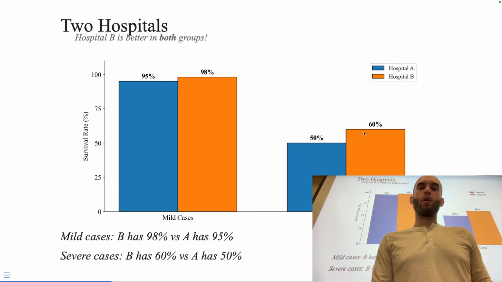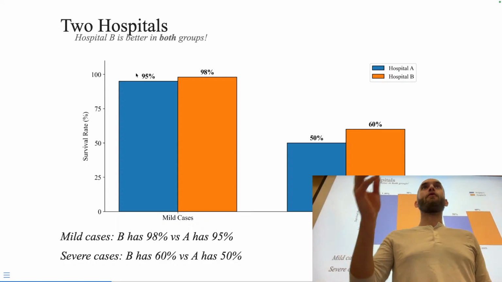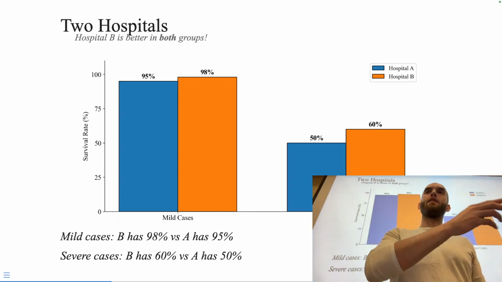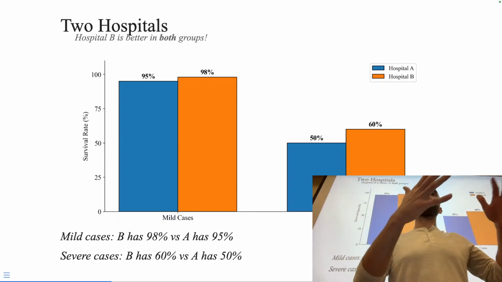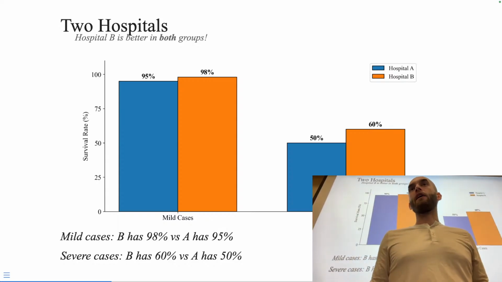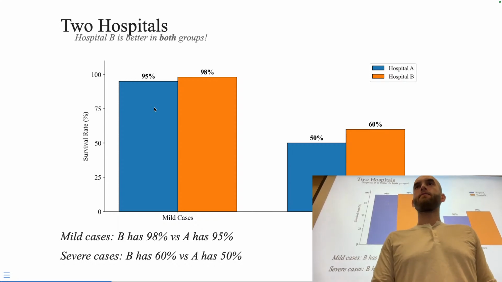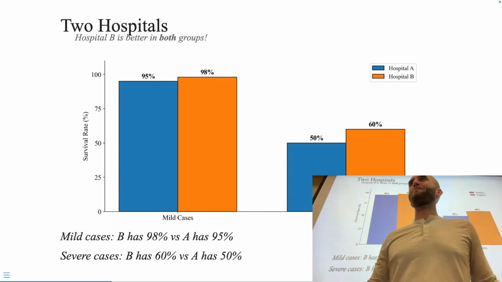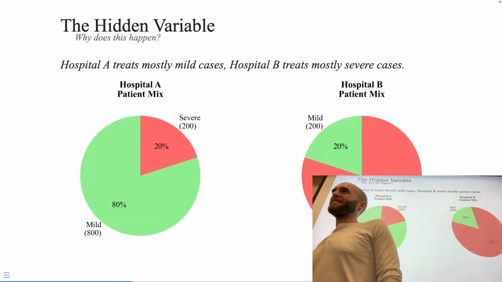Severe cases have a lower survival rate, and mild cases have a higher survival rate. So if there were more mild cases at hospital A, then that would skew the average survival rate higher in group A, even though hospital B was better in each of the categories. And that's exactly it, which I think was similar to both. Yeah, I'm not giving either of you points because they were both great answers.